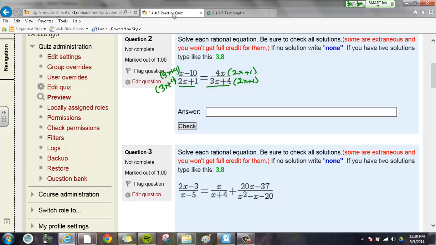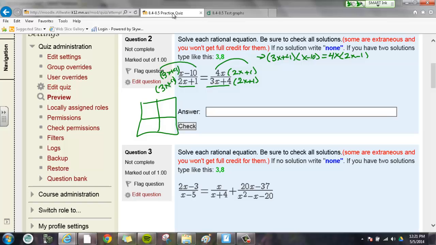So what I have is (3x plus 4) times (x minus 10) equals 4x times (2x minus 1). Okay, so we got to solve this thing here. For this, you're going to make the little box, and we'll make this little box over here.